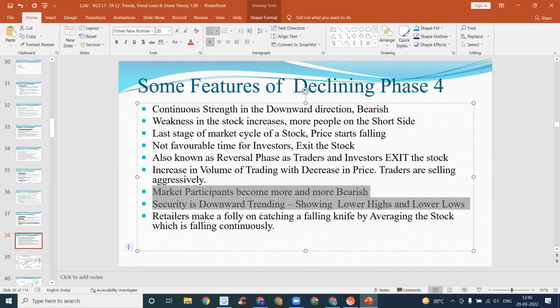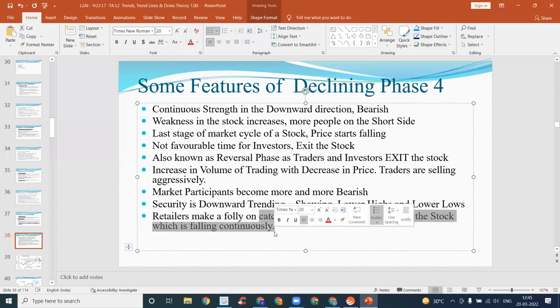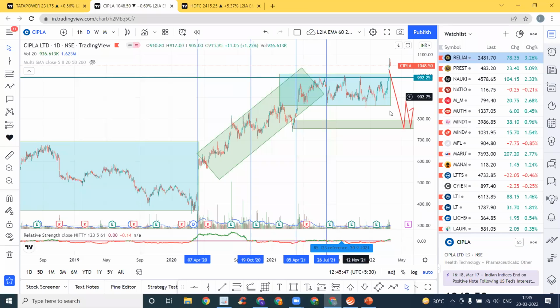It is the retailers who make the mistake of catching a falling knife. So while top people are selling here, there are retailers who are very happy to buy Cipla at lower levels. They will say it will come down, I will buy at 600, but it came down to 600, then 700, or 800, but how long it will stay there, that we don't know.